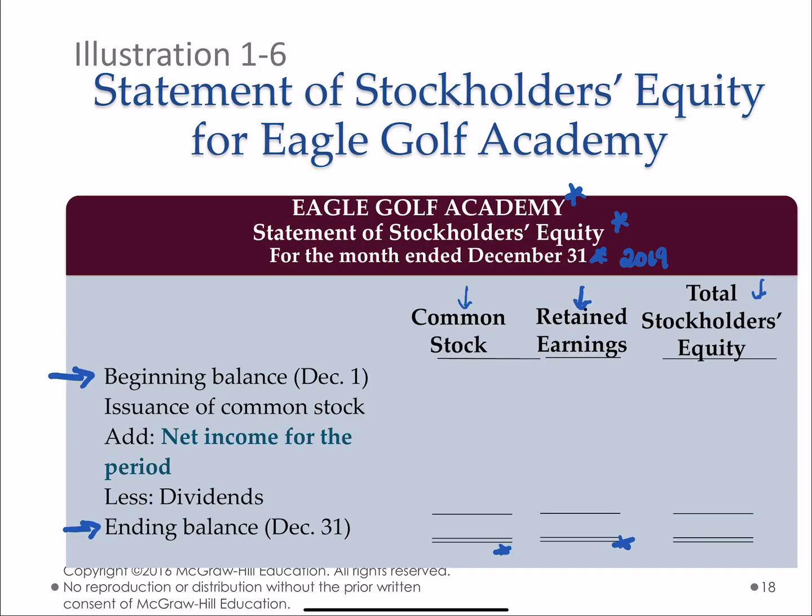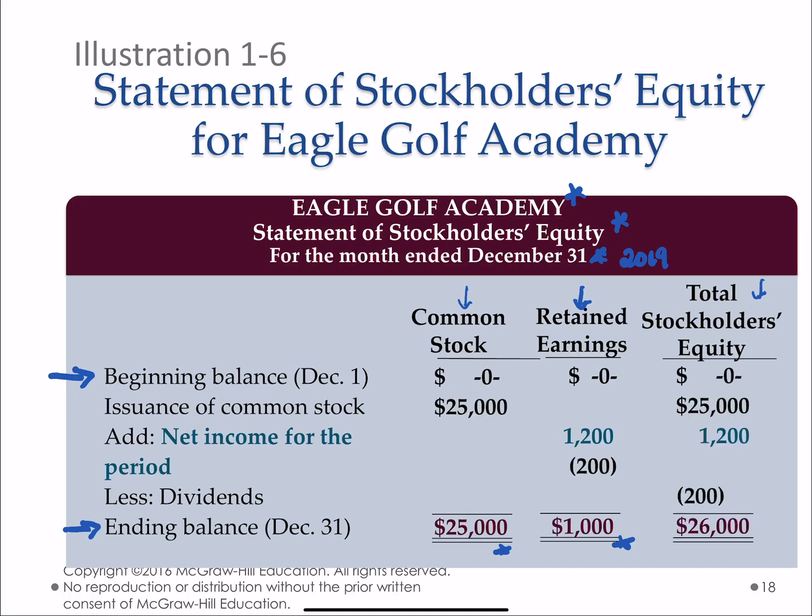All right, so now how did we get from 0 to these numbers? Well, we can see we issued common stock. What that means, we decided that we wanted a shareholder. So we gave them common stock, which entitles them to decision making and ownership of the company. They gave us $25,000 in cash, and we're going to record issuing that common stock here.